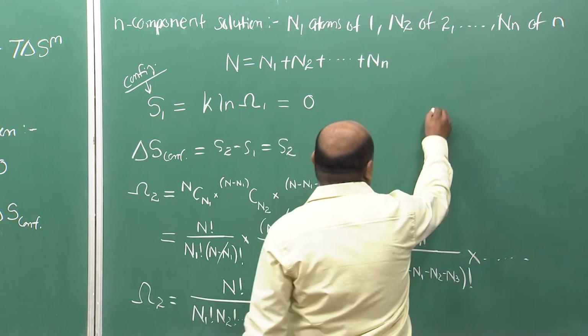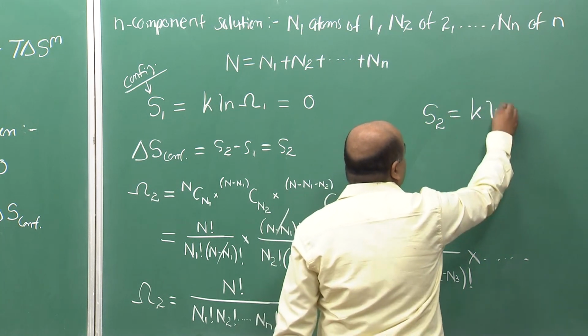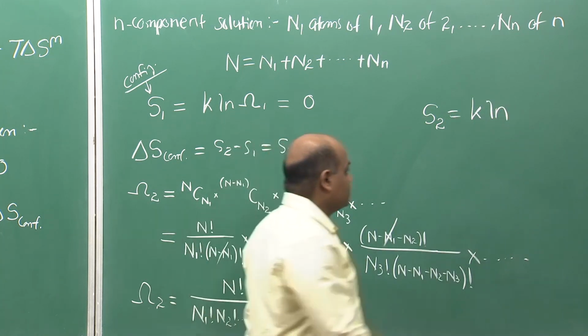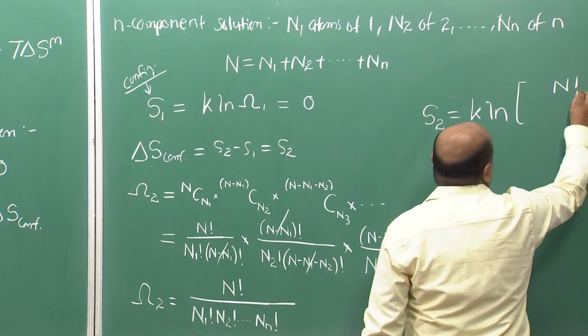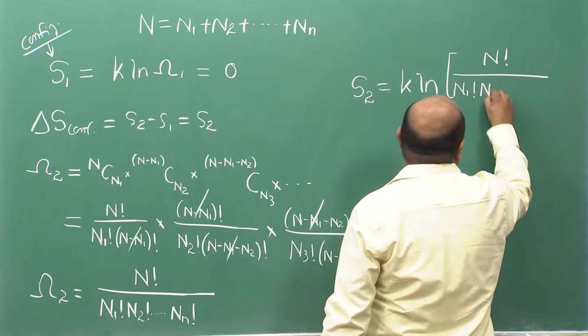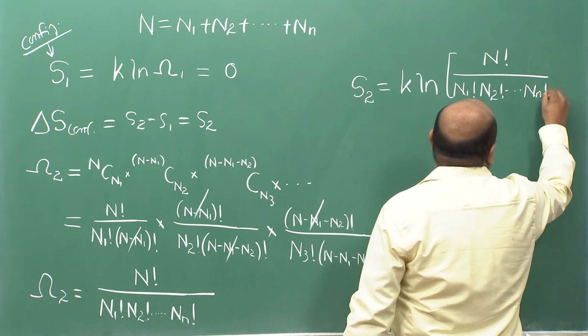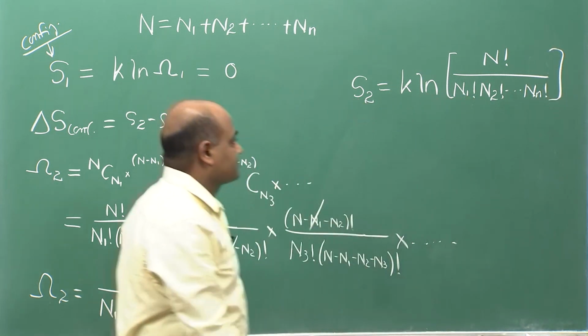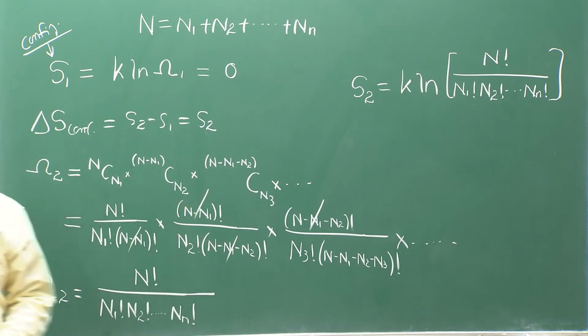So, we can write S2 is equal to k ln omega 2, which is nothing but n factorial divided by n1 factorial, n2 factorial, and so on till nn factorial. So, how do we simplify this further?